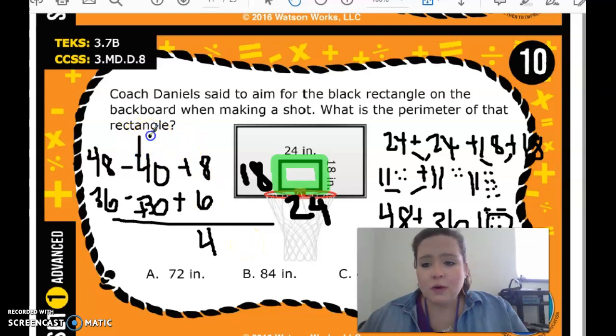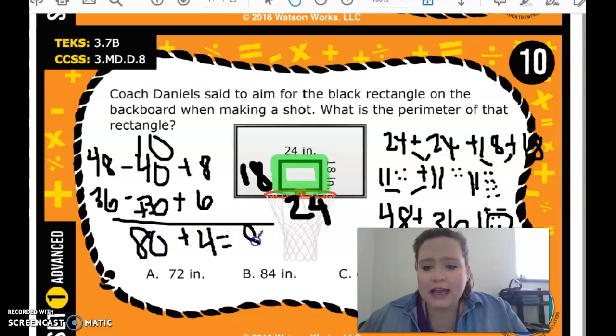Good, I'm going to regroup it. Then I have 10 plus 40 is 50. 50 plus 30 is 80. Good job. 80 plus 4 equals 84. All right. Very good job.